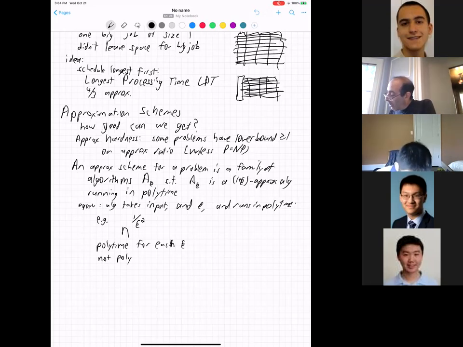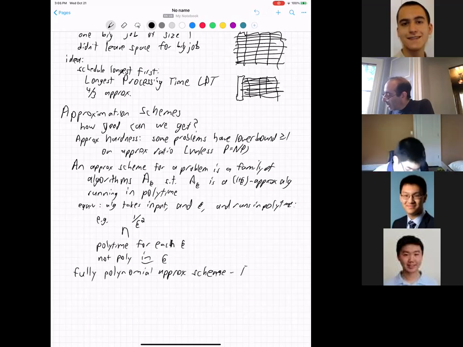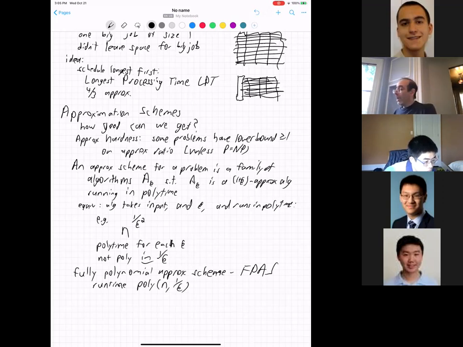So we add this even more powerful or more demanding concept of a fully polynomial approximation scheme, otherwise known as an FPAS, which is one where the runtime is polynomial in n and in 1 over epsilon. So do people understand this idea of an approximation scheme and the difference between approximation schemes in general and fully polynomial approximation schemes?